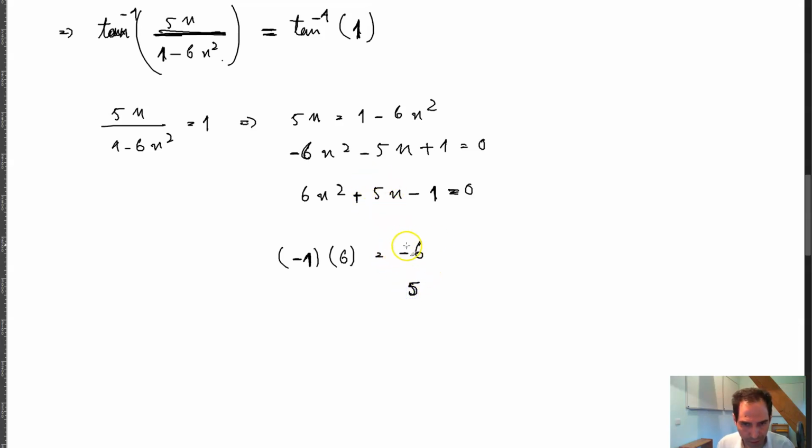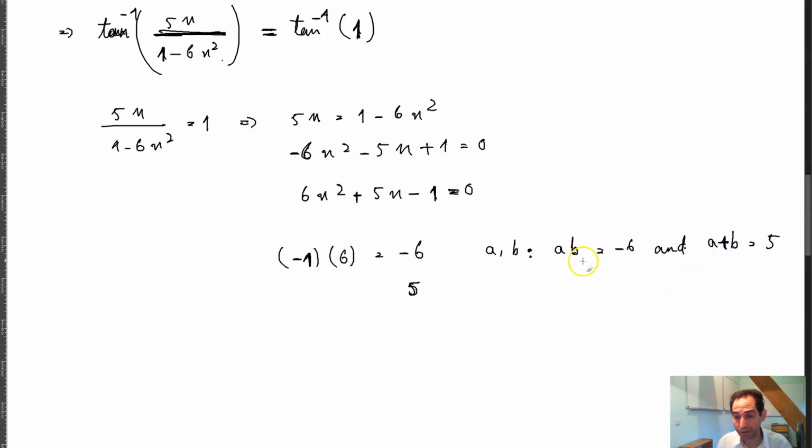Now you need to be looking for two numbers a and b, such that the product of those two numbers, ab, is equal to negative 6, and a plus b is equal to 5.